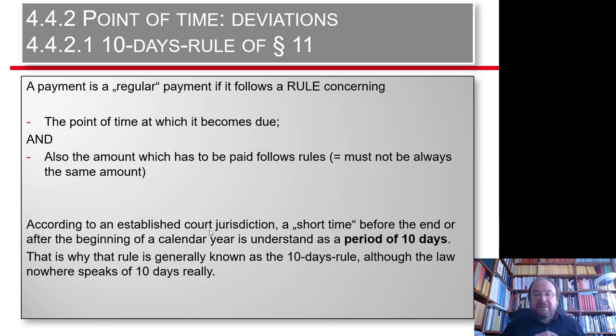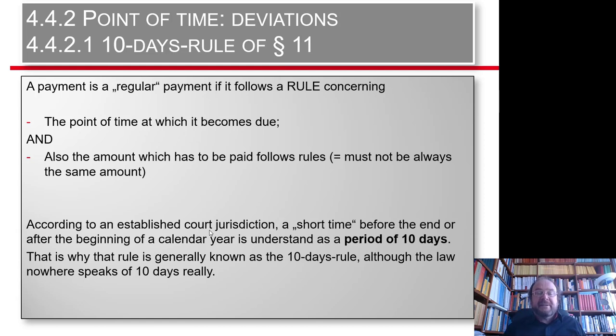So a payment is regular if it follows a rule concerning the point of time to which it relates. The fiscal administration also demands that it becomes due according to certain rules, but the courts say this is not in the law. So at least a regular payment is something which is repeated according to a rule, every 3 months, every month, every end of a week or so.